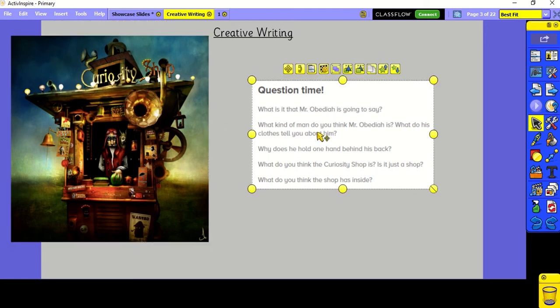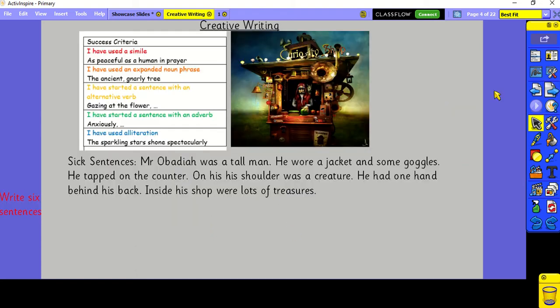We will answer questions about that picture in order to get your imaginations going. Then we will look at your success criteria for the lesson and these 6 sentences. So sentences that actually aren't very interesting, and then you will use your success criteria to improve these, to make them better, and I will help you by modelling some writing too.